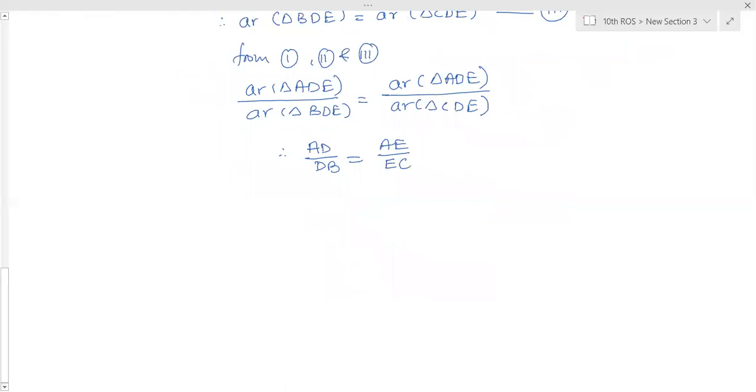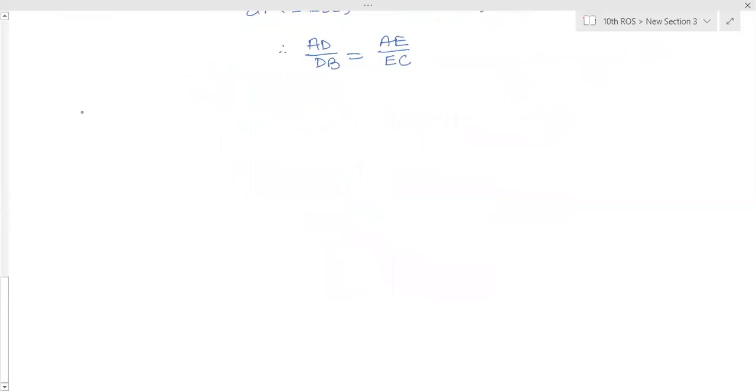Okay. Now by using this, what you have just proved is BPT. In triangle ABC, DE is parallel to BC, right? From that you have proved AD by DB is equal to AE by EC. This is the main BPT theorem.